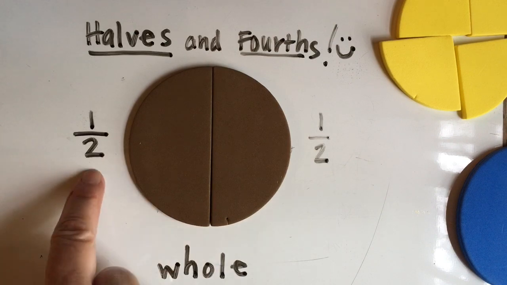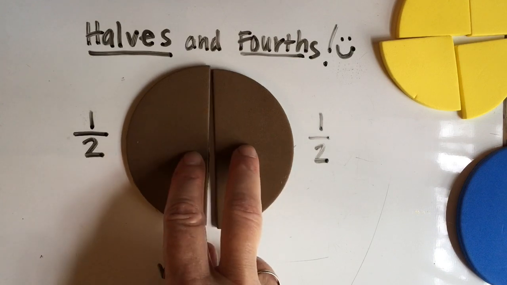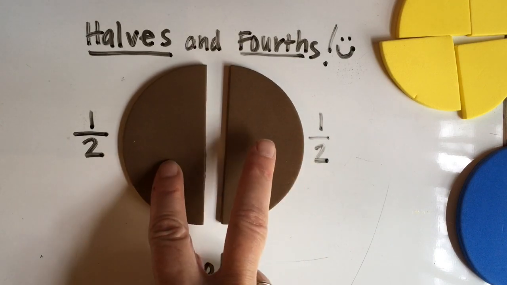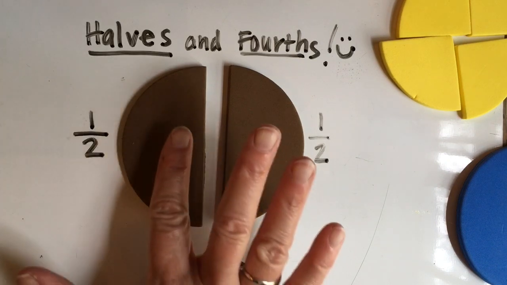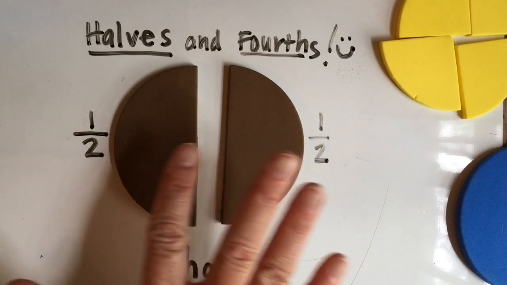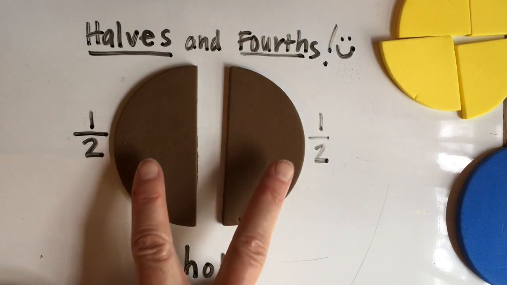Good. So whenever you see a fraction with a 2 in the denominator, you know that your whole thing has been split into 2 equal parts. They're fair. This part is the same as this part. They are split fairly.